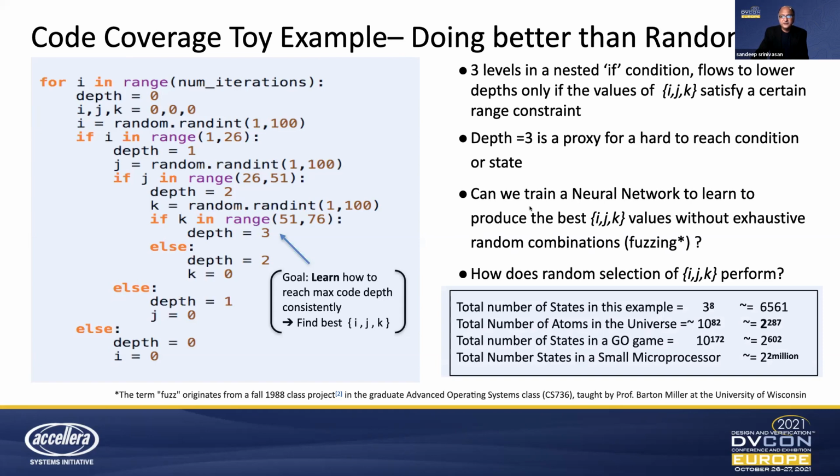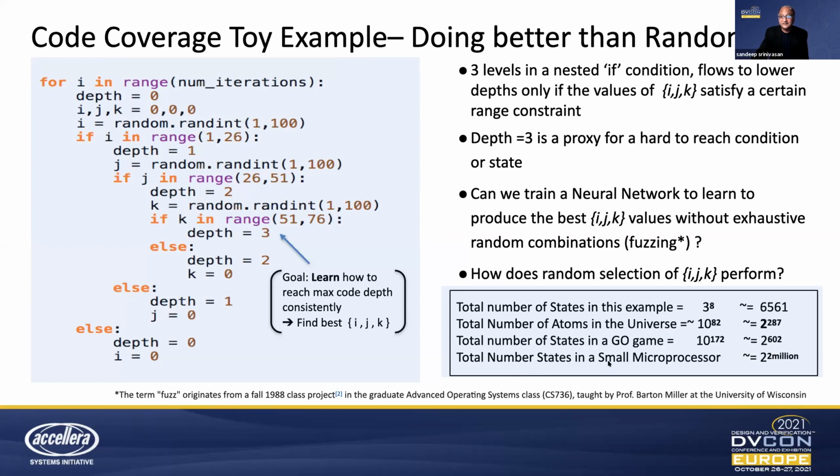Just to put this in context, the total number of states in this toy example is just 6561. The total number of atoms in the universe is approximately 2 to the 287. The total number of states in a Go game, in which Google famously beat Lee Sedol, the Go champion of the world, with an AI machine called AlphaGo, is 2 to the 602.